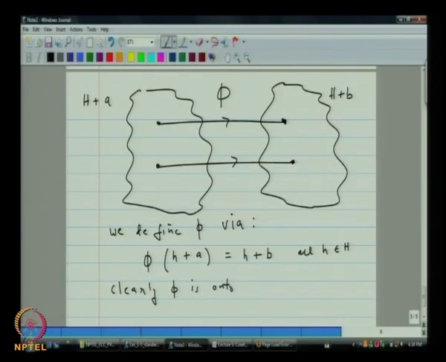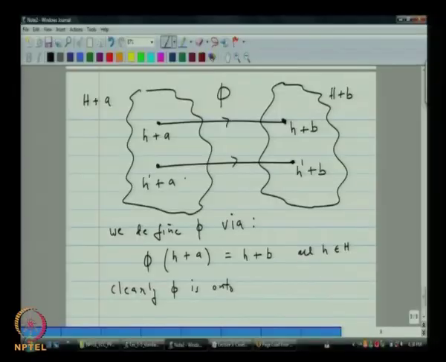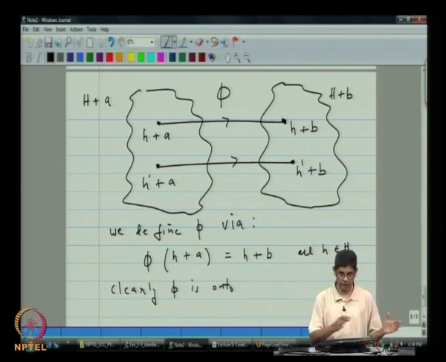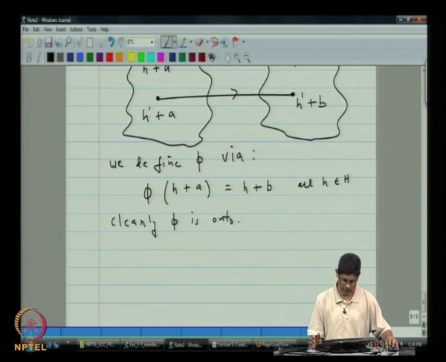But if you go down to the picture here, it is clear that if there is a particular element here which is H prime plus B, to find out which elements go here, all that you have to do is take H prime plus A. So, there is no problem showing that the map is actually onto. So, now the question is, how do you show that it is one-to-one? So, the worry is maybe phi of H plus A and phi of H prime plus A will map to the same element.